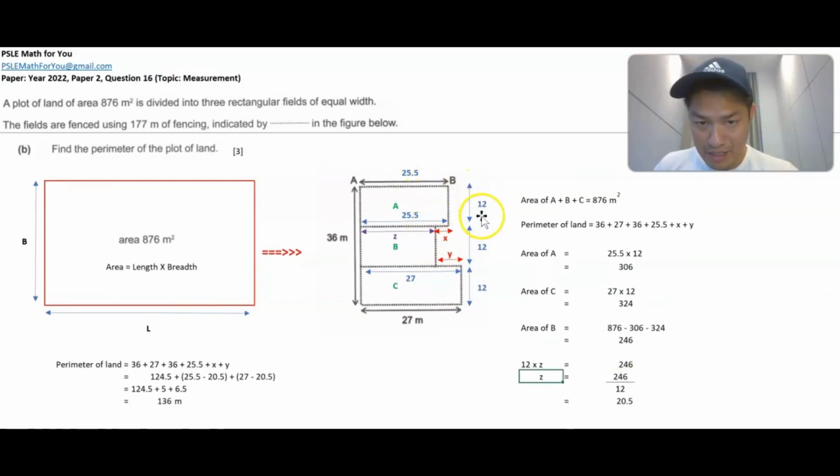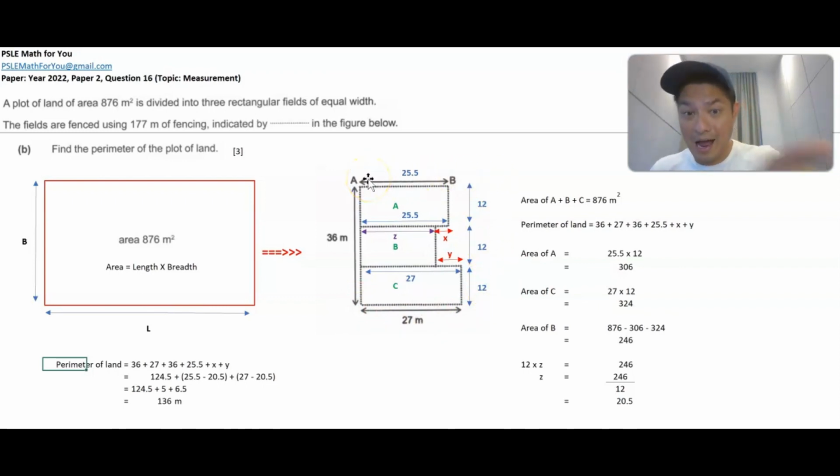So what is the perimeter of this whole land area? Follow me here. I would take 36 plus 27 plus 36 plus 25.5.